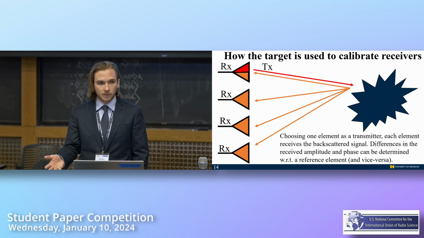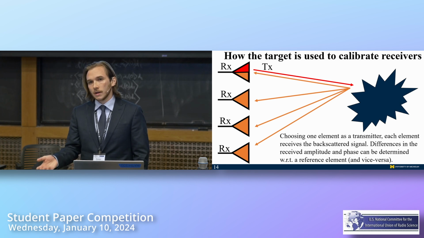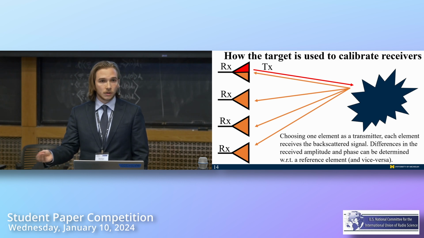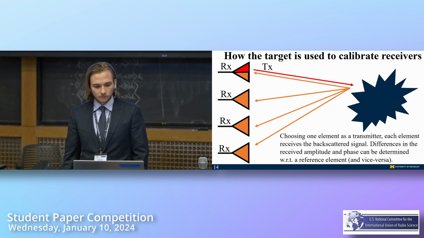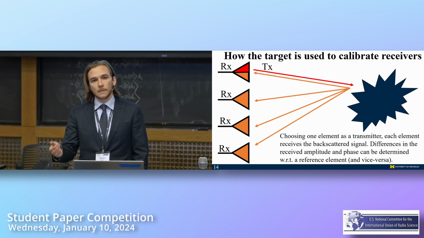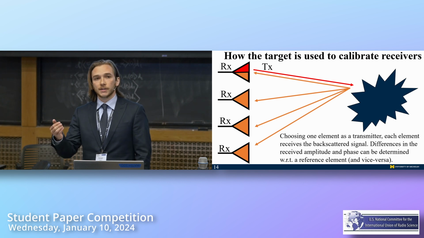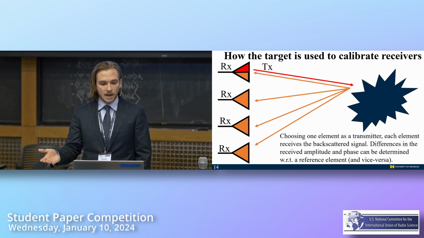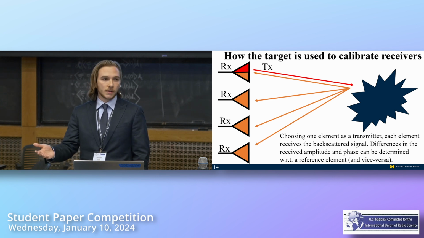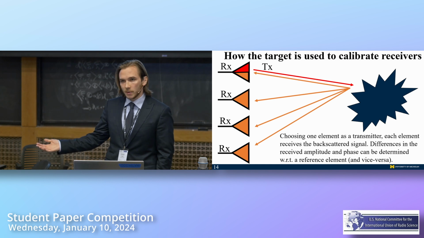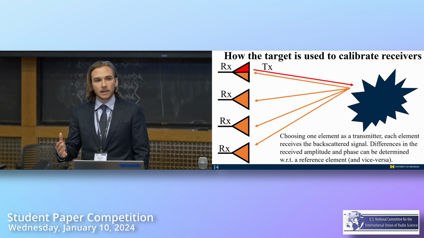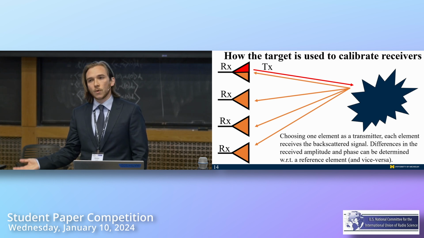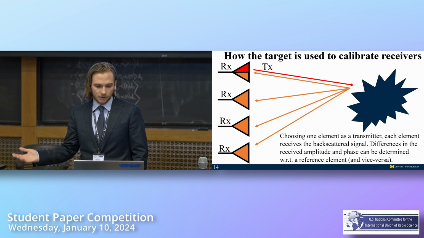They share this common transmitter, and then there are geometrical effects like where the antennas are located, which if you know to some accuracy beforehand, then when you compare the signal received at, say, antenna 1 to antenna 2, you can determine the differences in the received channel, relative in antenna 2 to antenna 1. You could repeat this for each of the elements so that you can determine channel imbalances with respect to one element that you choose as your reference.